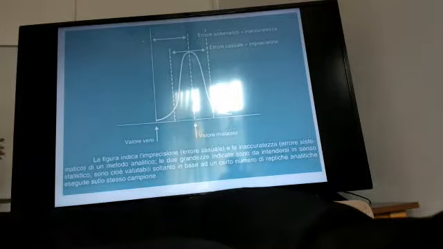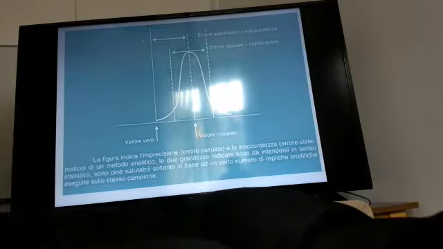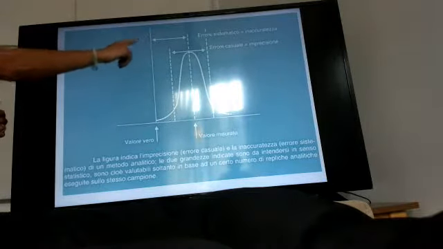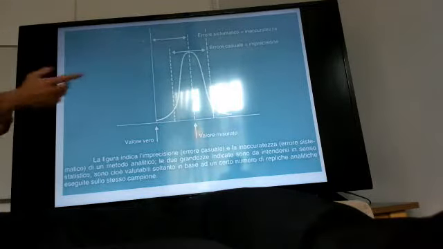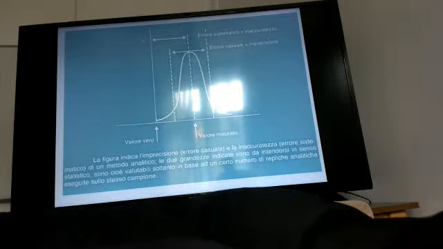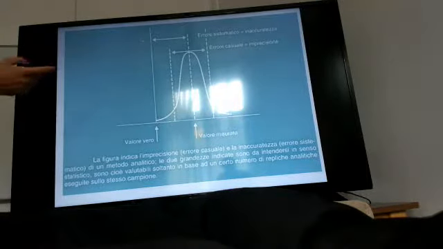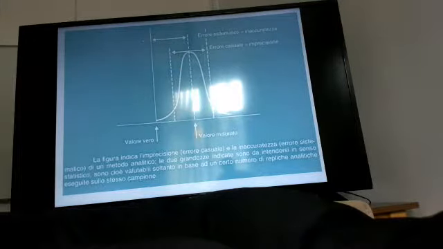And in this case, it shows an overestimation. So you have measured a value that is higher than the true value. So this fraction is the systematic error and means the inaccuracy of the test. The smaller this distance, the more accurate your test. So you want to have a good and accurate test, so you want to minimize this distance.